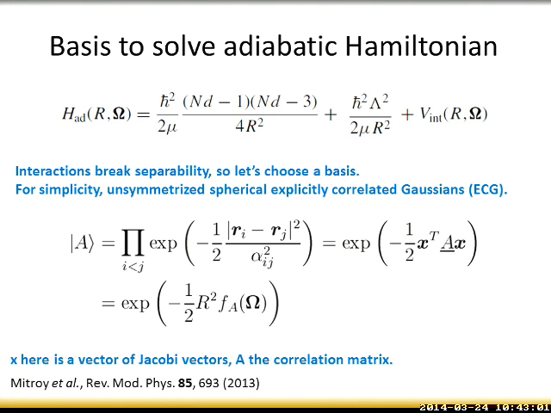So for every basis function, we'll end up having n times n minus 1 over 2 variational parameters. But rewriting everything in terms of our Jacobi coordinates, we can write it in terms of a matrix equation where we have A as the correlation matrix, which is just a function of the different variational parameters.